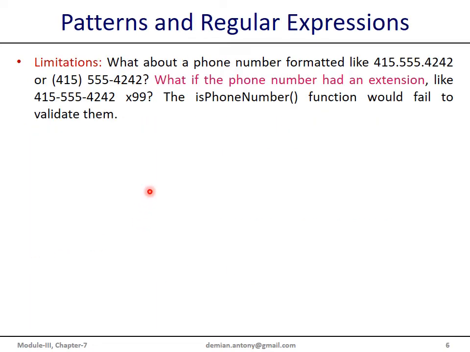The limitations of the traditional pattern matching are, first, the consumption of time. We need to have several checks. And second is the length of the code. To validate a telephone number with hyphens in between requires nearly 10 to 15 lines of code.